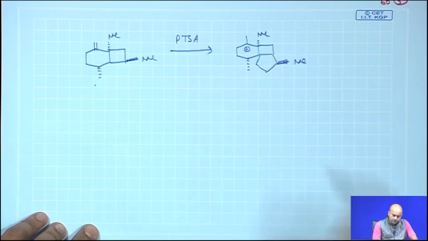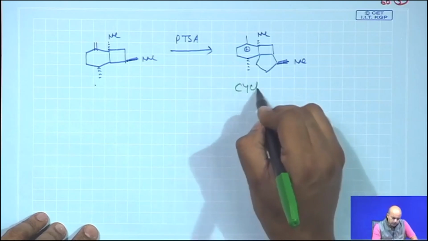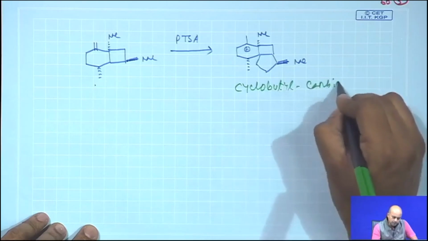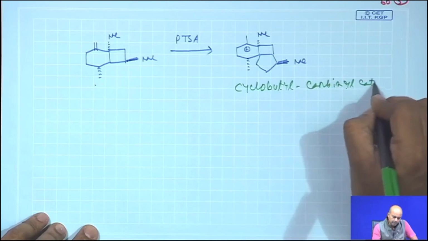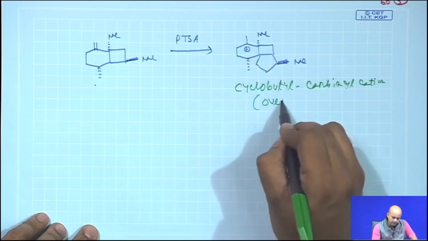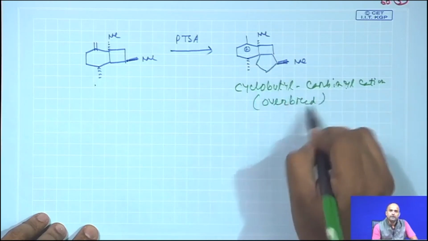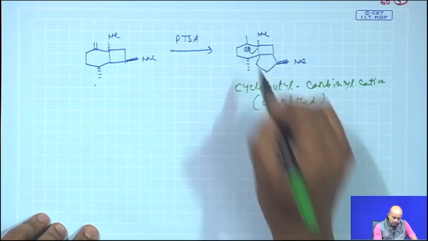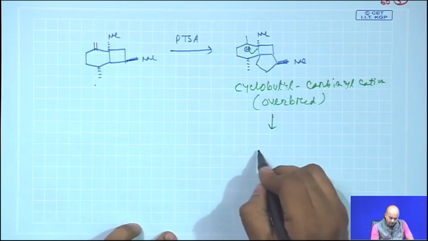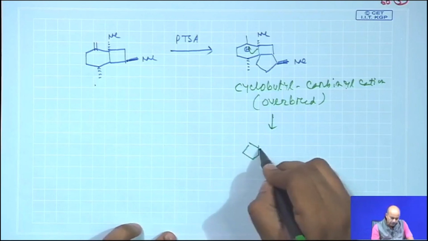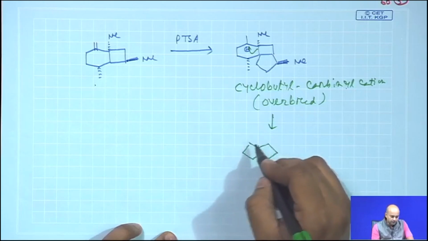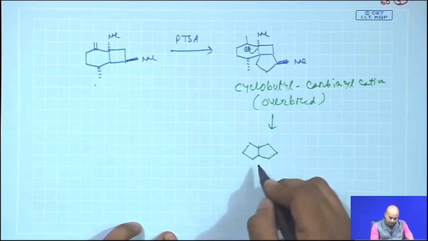Now, what we just explained is a cyclobutylcarbinyl cation. This cation is bridged, and this will migrate to here, and if it migrates you will get the cyclopentane system.